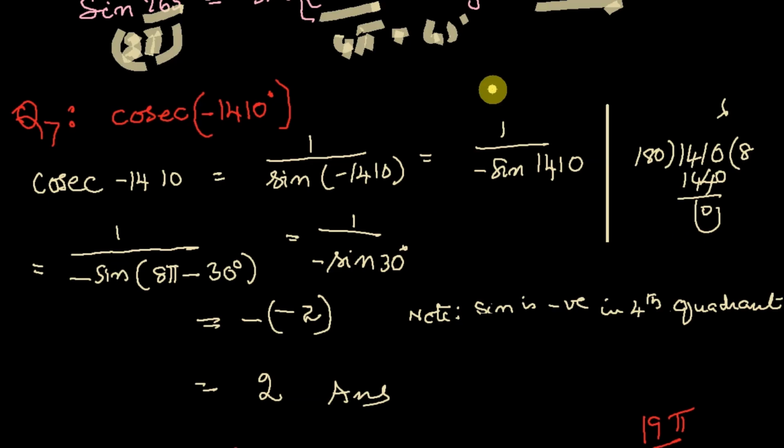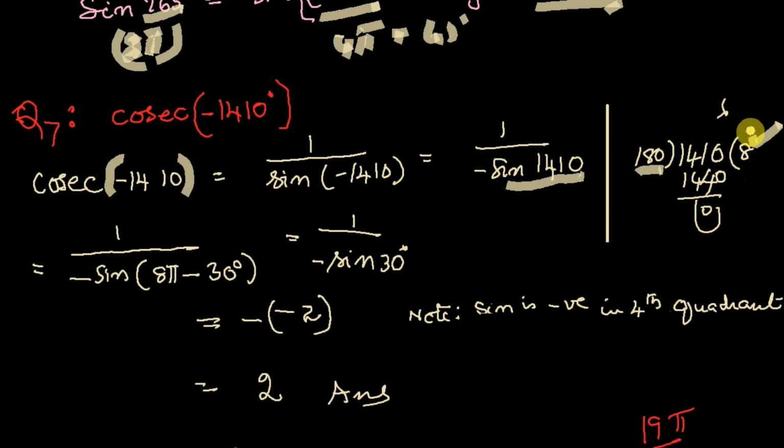Cosecant minus 1410 degrees equals 1 by sine of minus 1410 degrees. Sine of minus theta is minus sine theta, so 1 by minus of sine 1410 degrees. This 1410 degrees can be written as, here I just divided by 180 and I got 8.